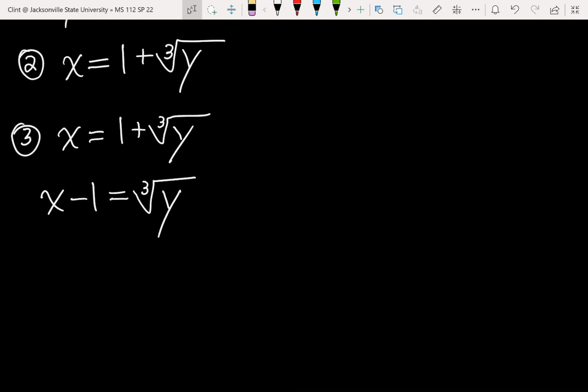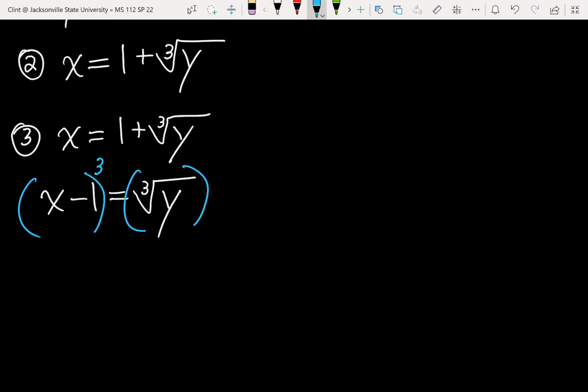But I don't want cube root of y, I just want y. So I need to cancel out that cube root somehow. So what can I do to both sides? Cancel out a cube root. Well, it's close. And not multiply, we're going to raise it to a power. Raise it to the third power. That's right. So here we can raise both sides to the third power.